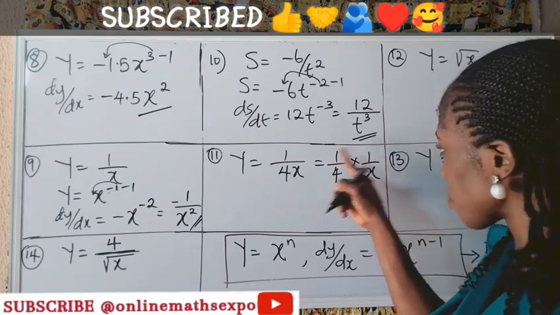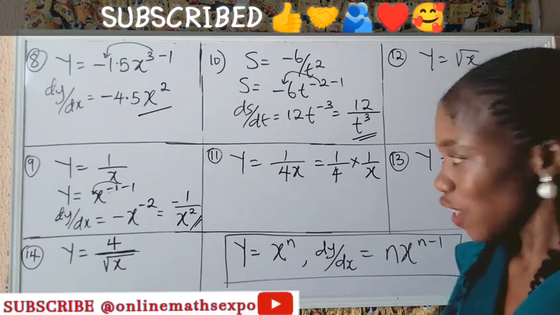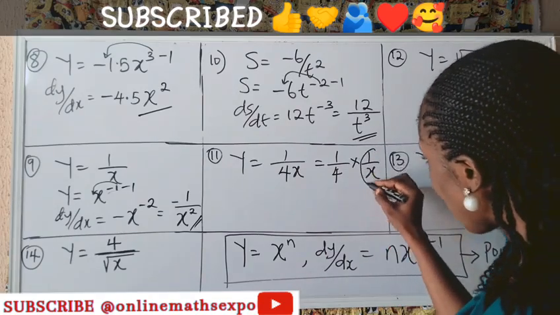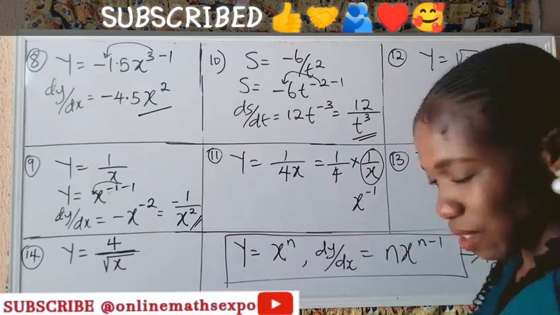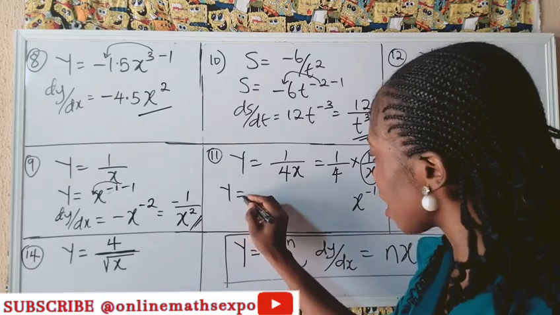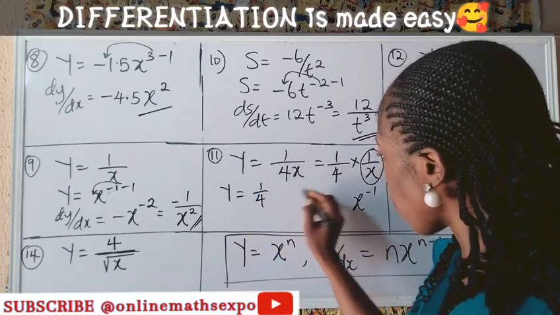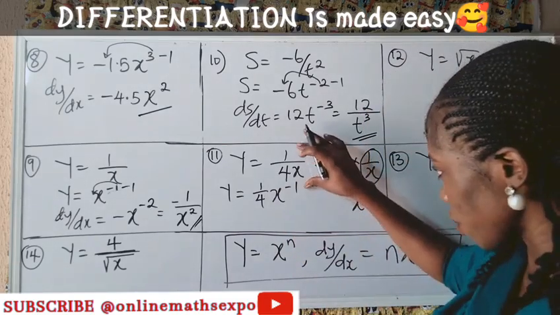So 1 multiplies 1 gives us 1, and 4 multiplies x gives us 4x. If I express 1 over x in index, it will be x to the power of negative 1. So what this means is that y is equal to 1 over 4 x to the power of negative 1. So that is what we have here.